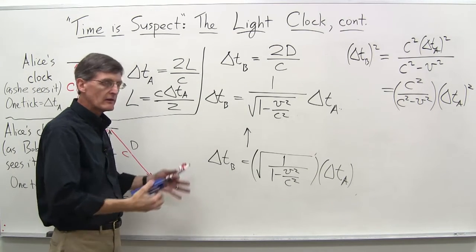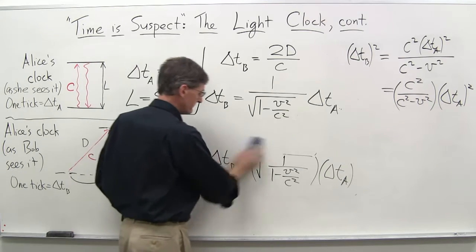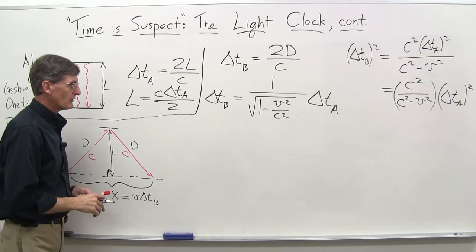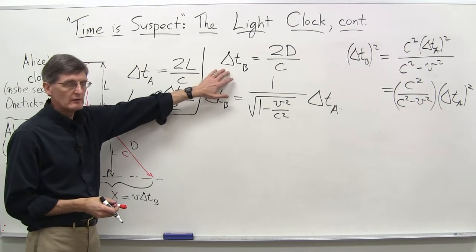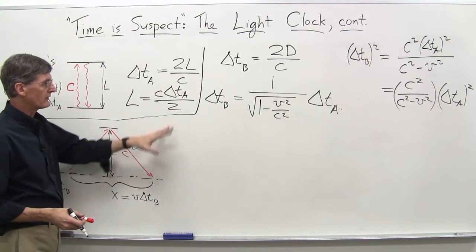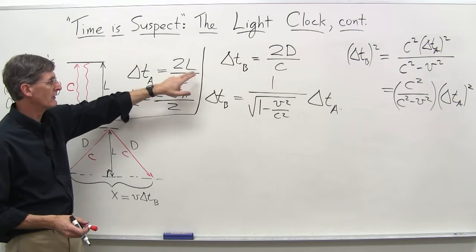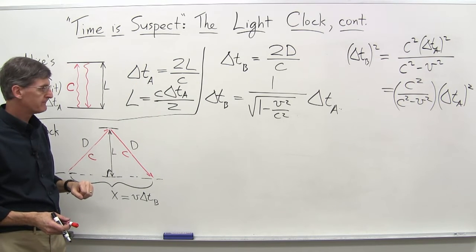Let's just analyze it a little bit, make sure that things check out as much as possible. So here's our final result. First of all, we said that delta TB was greater than delta TA. We argued it qualitatively. We saw it sort of semi-quantitatively here. We knew that D was bigger than L, and therefore delta TB must be a bigger number than delta TA.